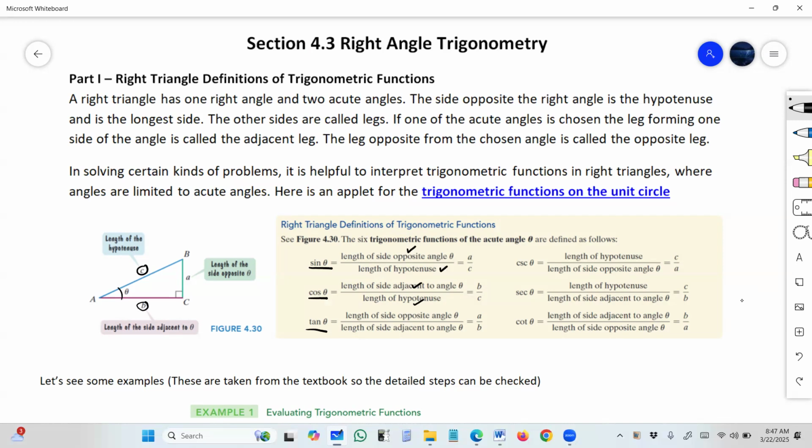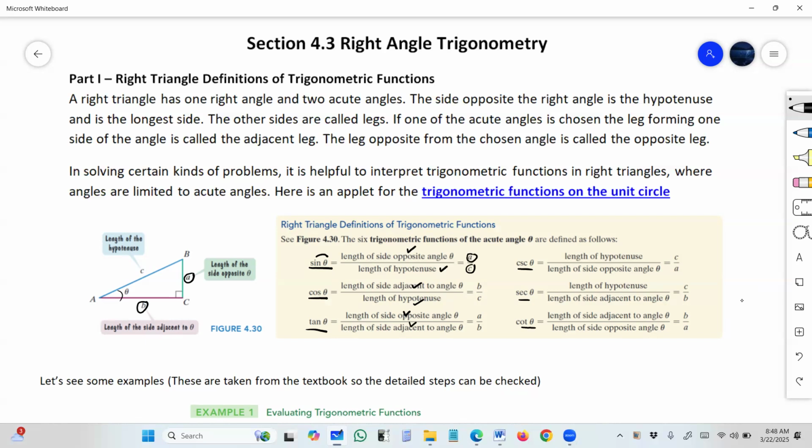And tangent is sine over cosine, or, if we go on the triangle directly, tangent of this angle is opposite side over adjacent. So opposite over adjacent. And then the other three, we have the same definitions on the triangle, but it's just easier to do the reciprocal. So sine of theta is opposite over hypotenuse.